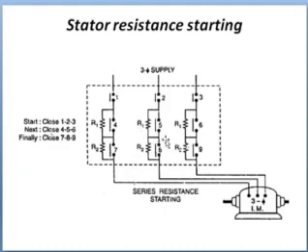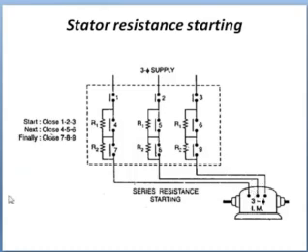If a series resistance is connected in each phase between the supply and the motor, then there is a voltage drop across the resistance, so full voltage will not appear across the induction motor. So suppose x times the full supply voltage appears across the motor.